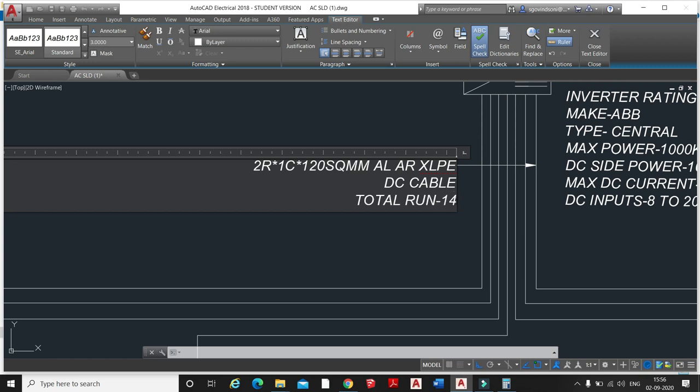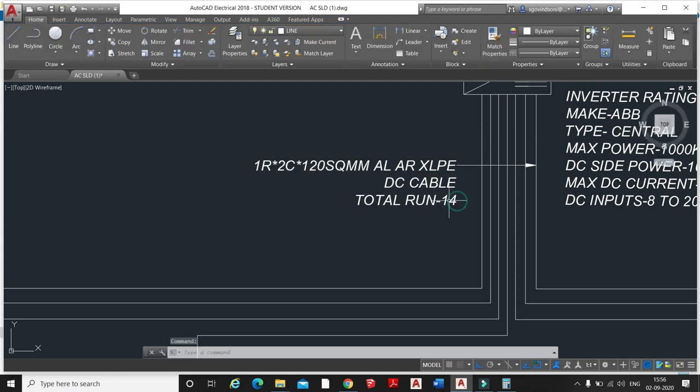Let's suppose we separately lay positive and negative cable to the inverter, then we can choose single core. What is the advantage? The advantage is we can do O&M easily, because if one cable has a fault, then you can replace only one cable. The second one is, if you choose the two core cable, then your number of runs is 1 and the total number of runs is 7.